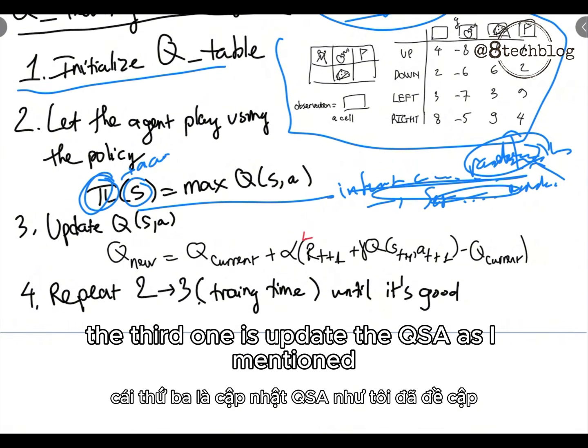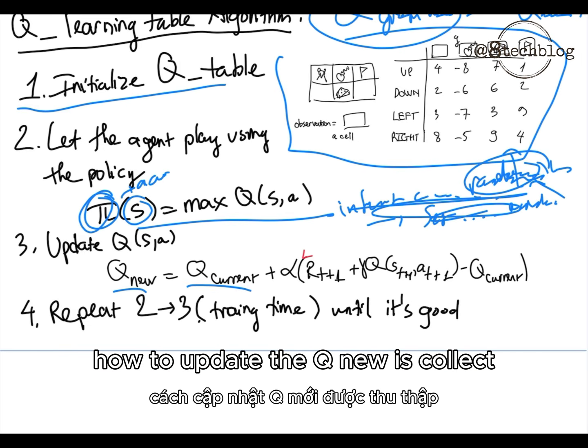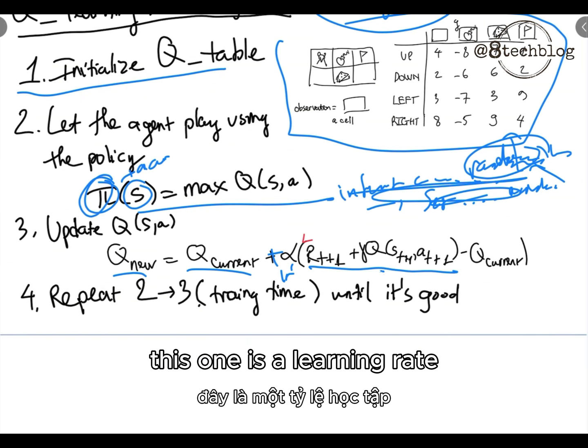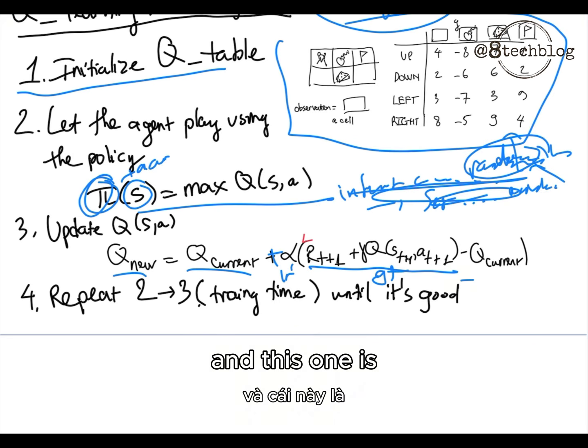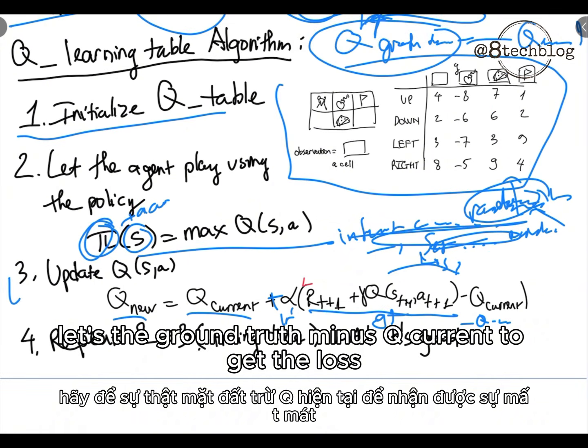The third one is to update the Q(S,A). As I mentioned, to update, Q new is Q current plus the update. This one is the learning rate, and this one is the return minus Q current to get the loss.